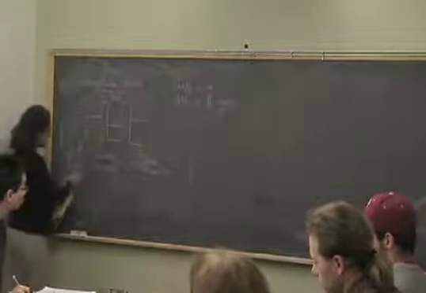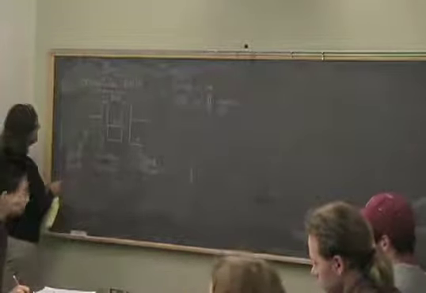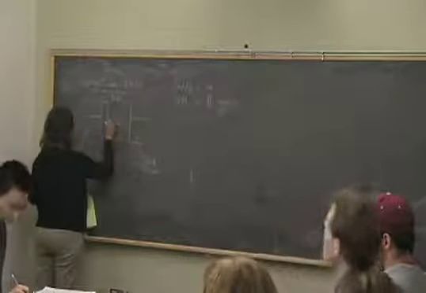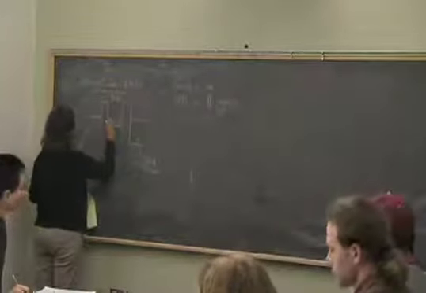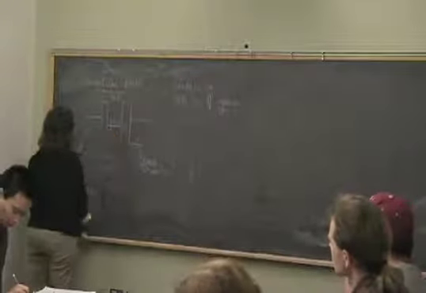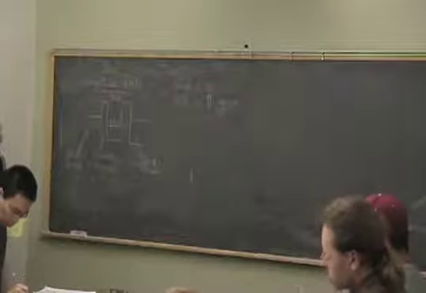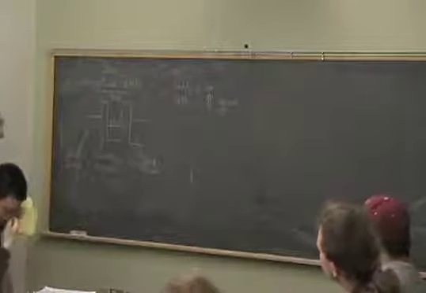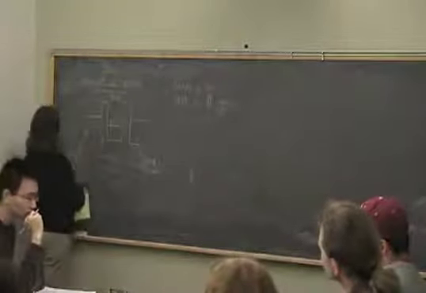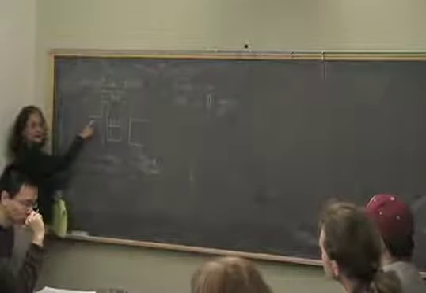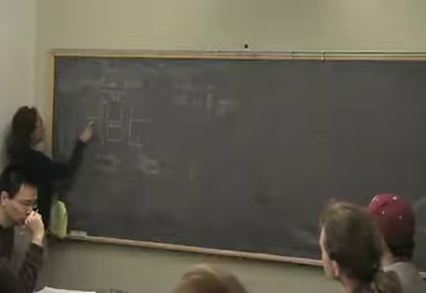What you have is, let's say, a spin on the dot. Let's say I have an up spin here. So what it's going to try to do is to form a singlet with an electron in the conduction band.